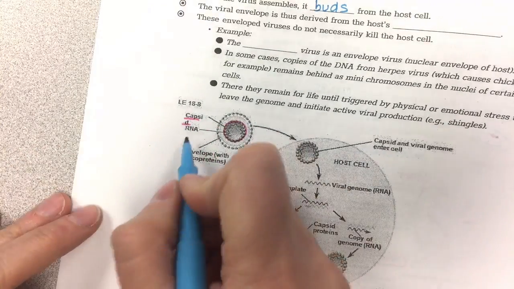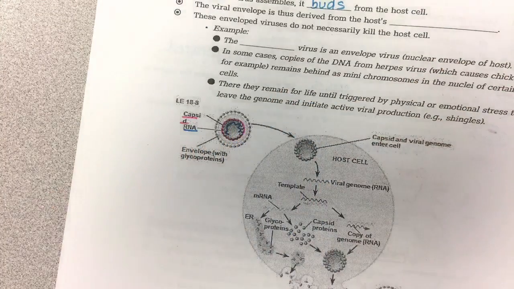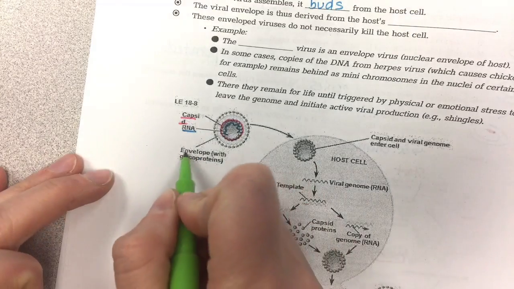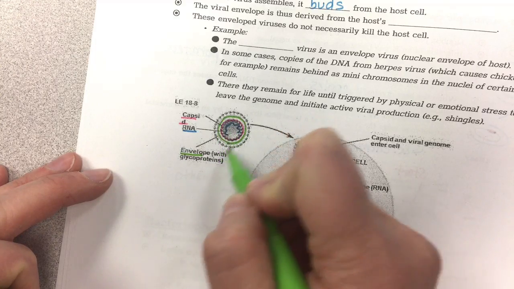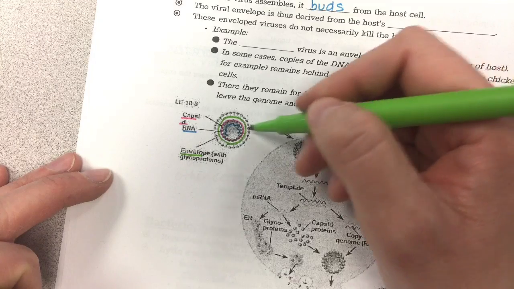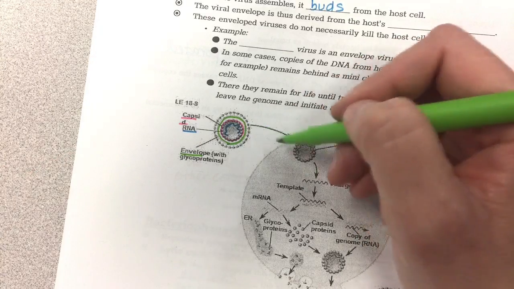And then this is an RNA virus, so the genetic material is RNA. So that's your RNA. And then you have your envelope around it, all right? And the envelope has glycoproteins sticking out of it. That's these guys here. That's going to help to bind with the surface of the host cell.